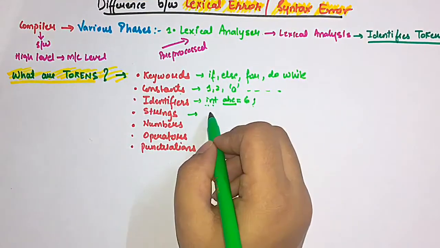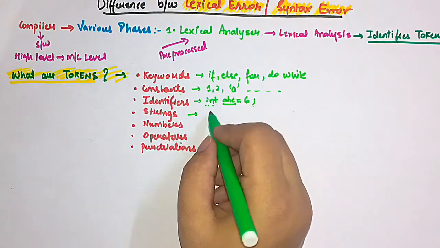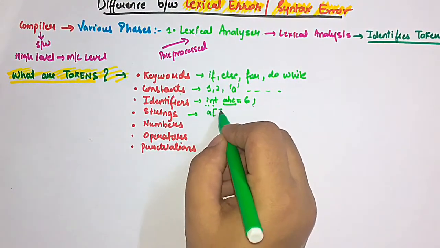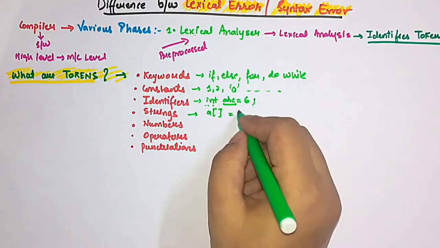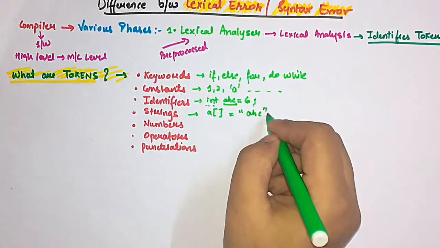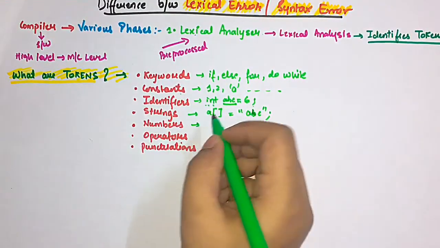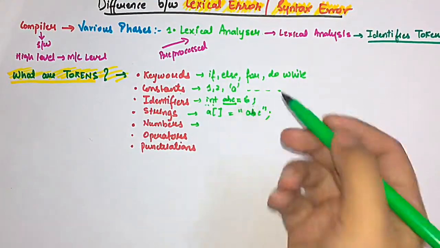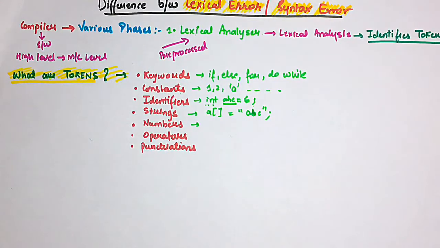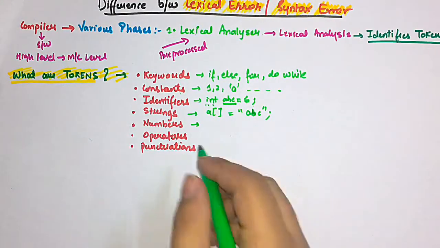Strings, same thing guys. If I write a is equal to abc, then this abc string will become a token. Numbers, anything numerical that comes in a code will be considered a token.